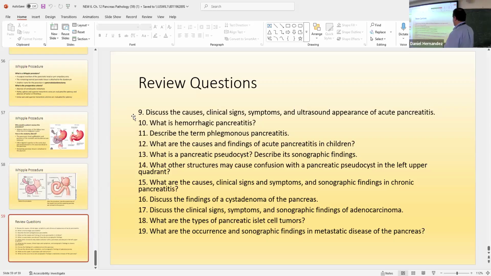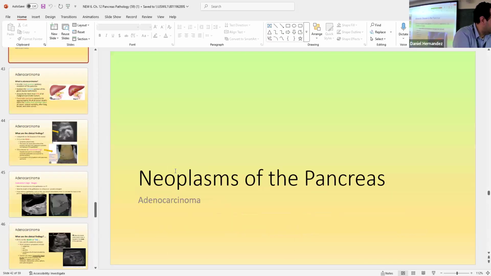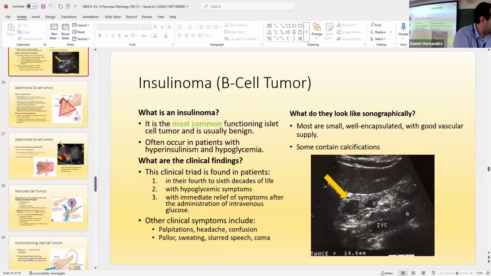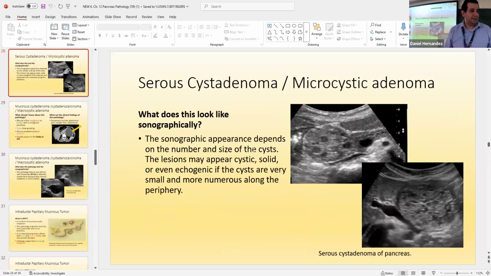We talked about, so let's discuss some of those findings now for cystadenoma, adenocarcinoma. So let's go back. Cystadenoma. So we had, again, a couple different types of cystadenoma. We had the serous, which is the microcystic.